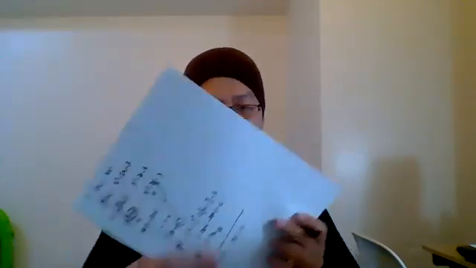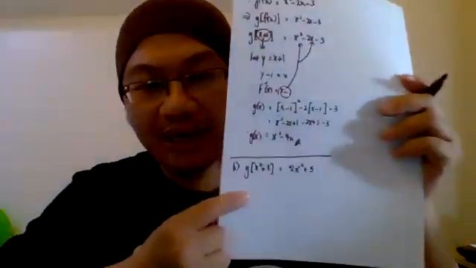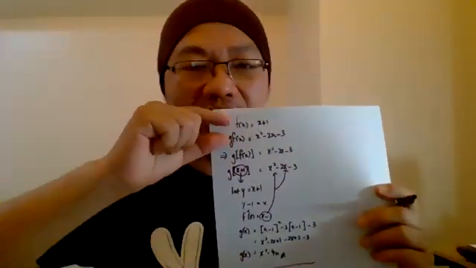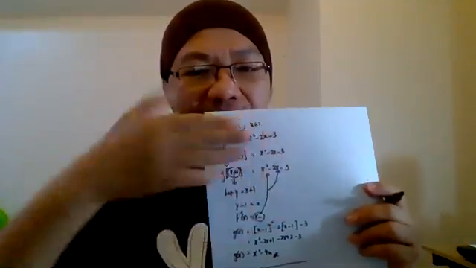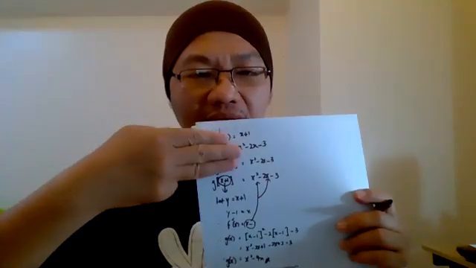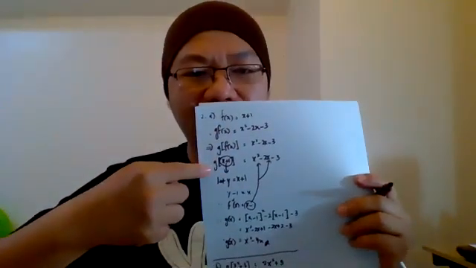x squared plus 3 equals 2x squared plus 3. Okay. Guess what? I skipped a bit here. The information given and this first step I also skipped. I jump to here straight away.